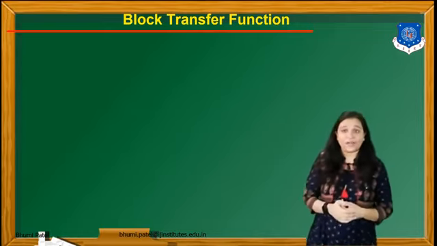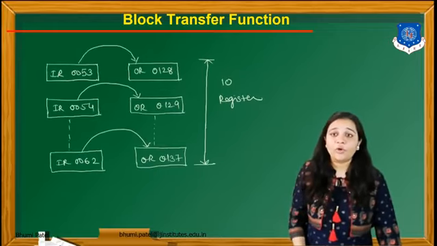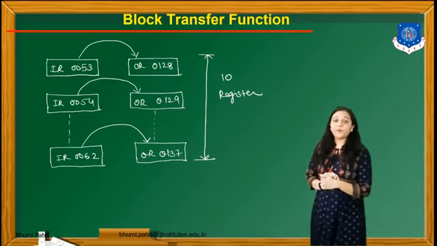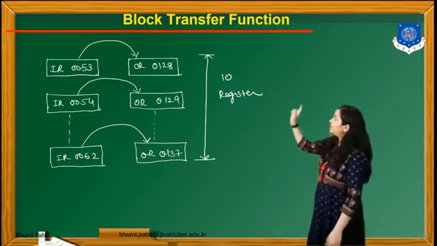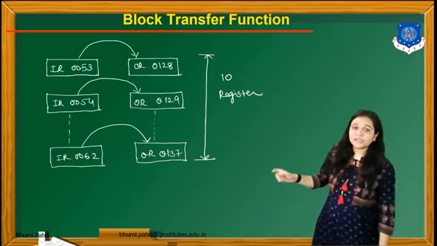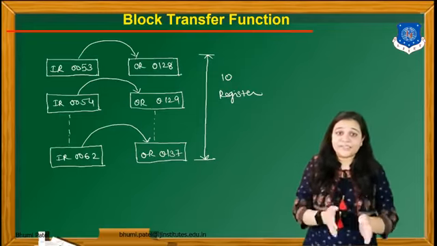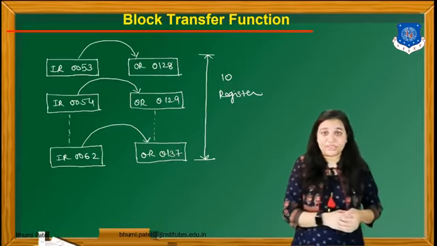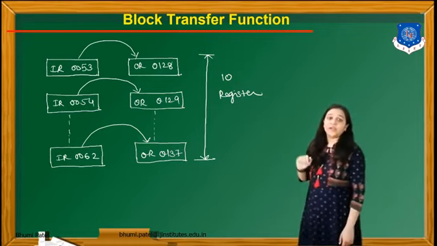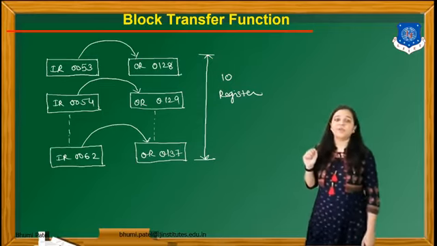If we have to transfer a block from one address to another address, what can we do? Here 10 registers are given. The input registers start from IR 0053, IR 0054, and the last register is IR 0062, and we have to transfer these 10 registers to the output registers, whose addresses are OR 0128, OR 0129 up to OR 0137.